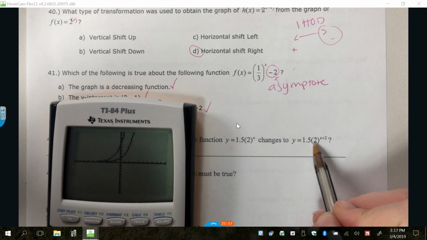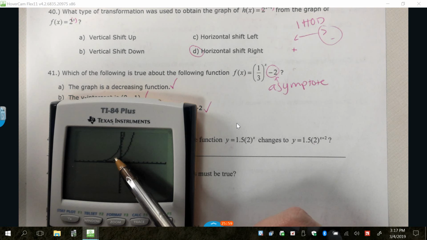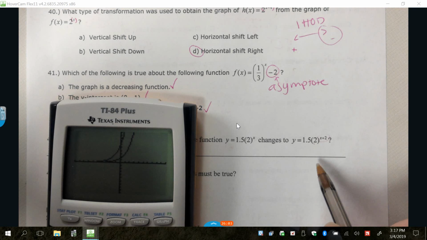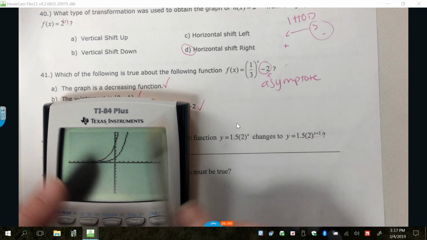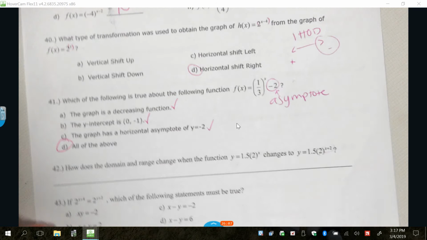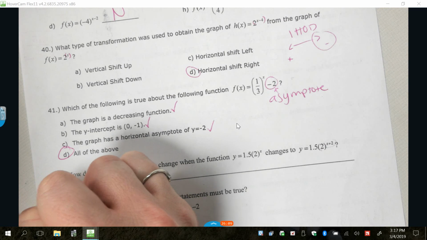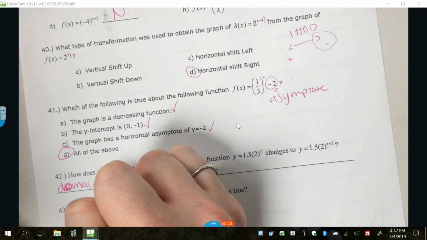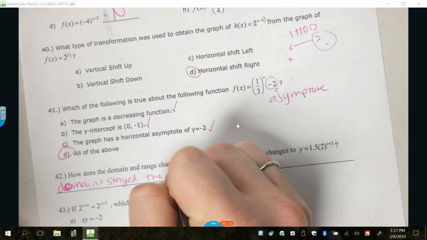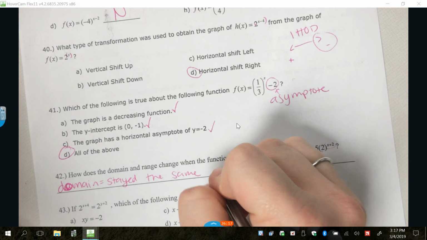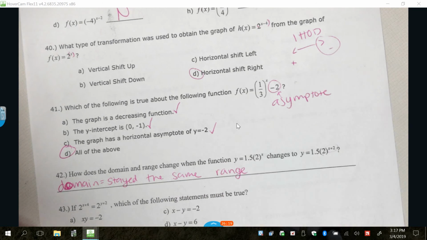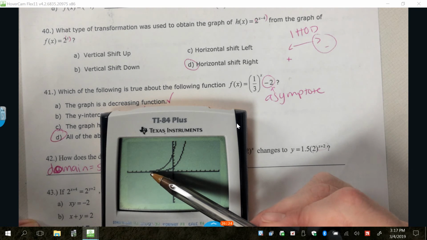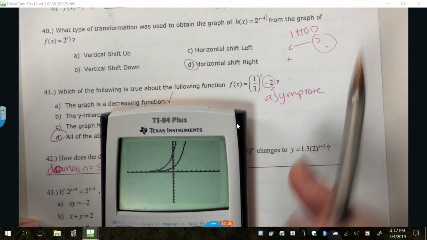I want you to realize that it really just shifted to the left. Domain wise though, they're both going to keep going left to right forever. So domain stayed the same. Range also stayed the same. Do you see it still goes down close to 0 and it goes up forever?